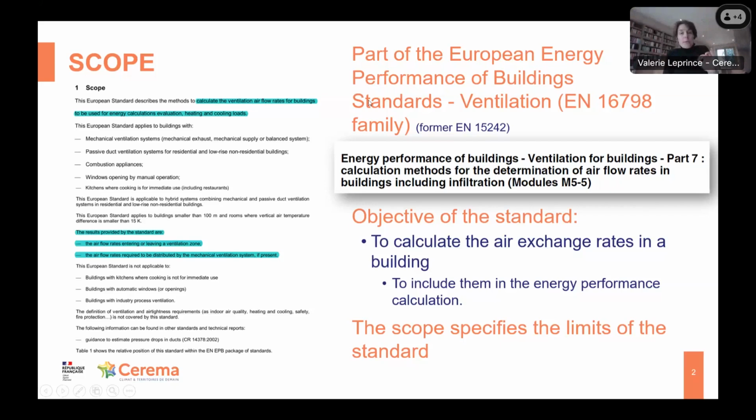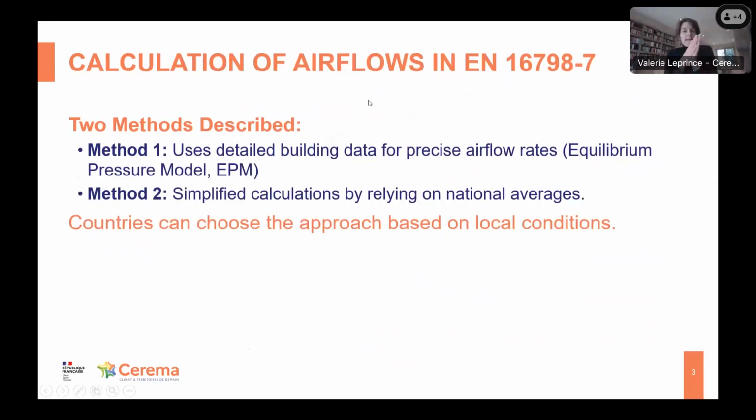The problem is that it's not that easy to calculate the air change rate in a building because everything depends on everything. The impact of airtightness will depend on the ventilation system you have, on whether you open windows, on whether you have vents, on how the leakages are distributed along the building, on the wind and everything.